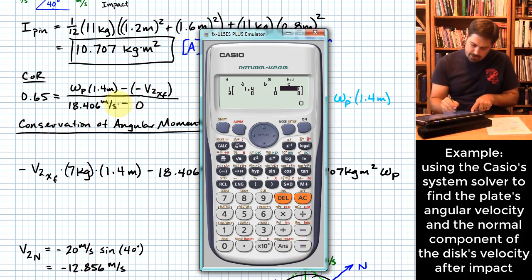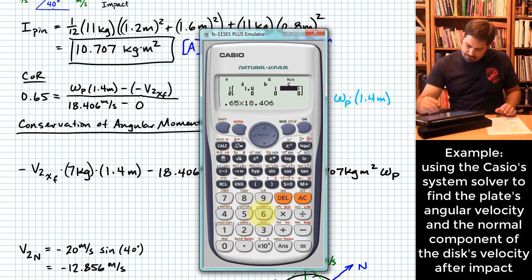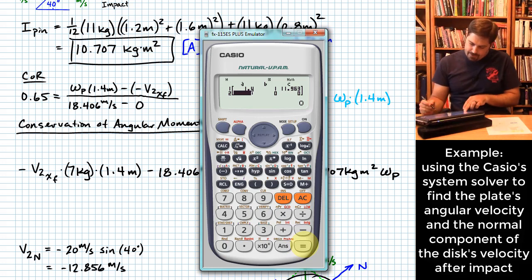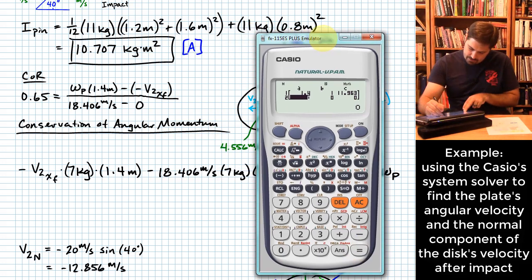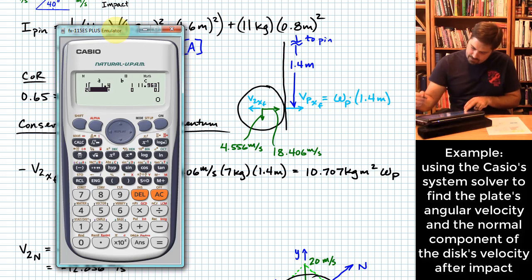Then over here I'll have 0.65 times 18.406. Now down here, I'll pretend this is the side of the equation I'm working with, so I'll put in the value I believe I had stored in A.